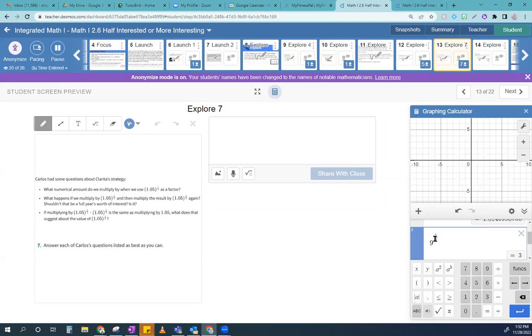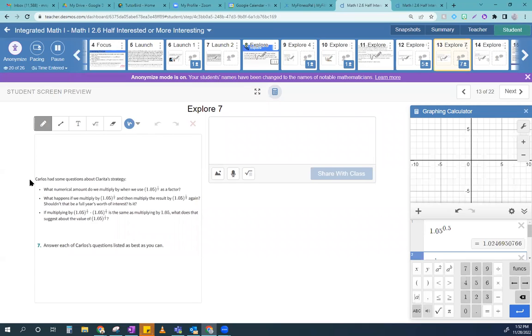What is that 1/2 doing to your 9? Yes, it's a square root. So this answer here, what numerical amount do we multiply by when we use 1.05 to the 1/2 as a factor? Well, it's just the square root of 1.05, which is 1.02 something.